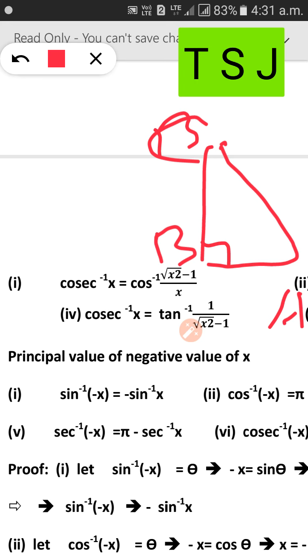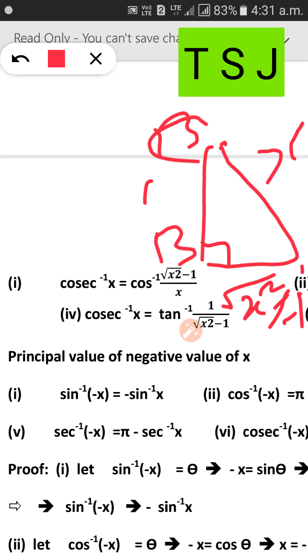Suppose we need to convert cosec inverse x in terms of others. Cosec is the ratio of hypotenuse and perpendicular, so consider x as hypotenuse and 1 as perpendicular. Using Pythagoras theorem, determine the third side, that is base, and this base will be under root x square minus 1.